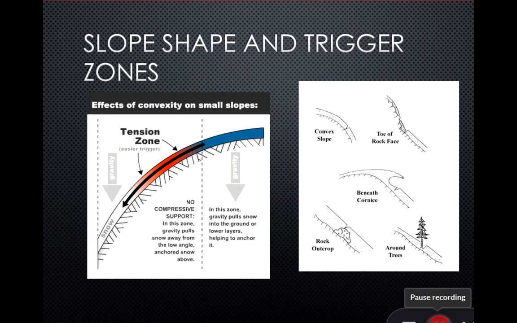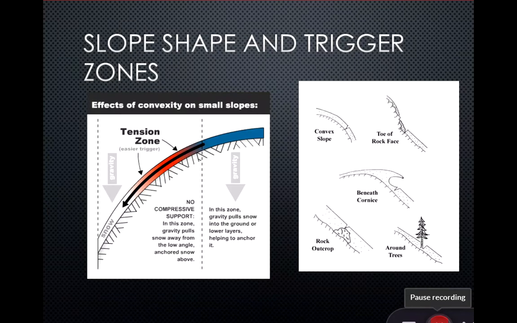Another thing we're considering with terrain is the shape of the terrain and trigger zones. So the shape of the terrain refers to the shape of the slope. We have convex rollovers as a common term for skiers and mountain travelers. Convex rollovers is when you go from fairly flat terrain to steeper terrain.